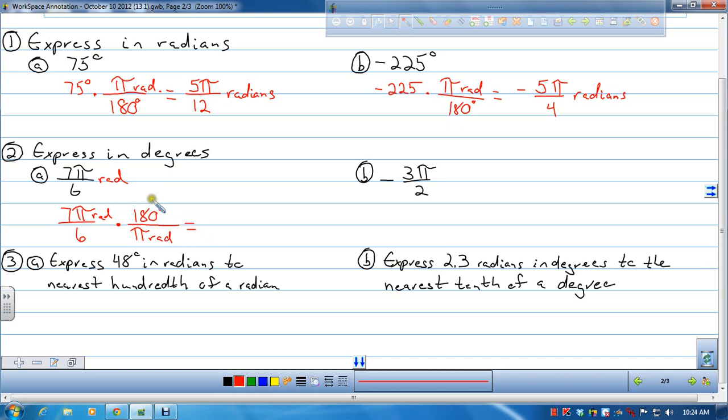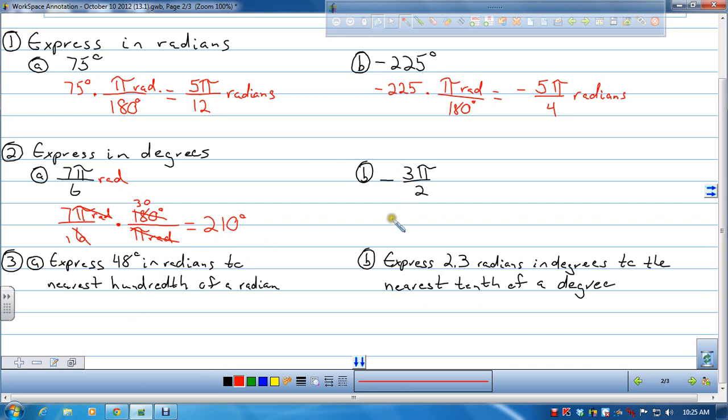And when I multiply all this out, you can do it paper and pencil, or you can plug it into a calculator, but I should know that pi radians goes away, right? And if I were simplifying, that 6 would turn to 1 and turn that 180 into 30 degrees. So I've got 30 degrees times 7, which I should know is 210 degrees.